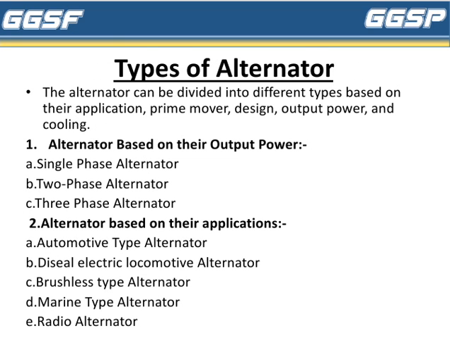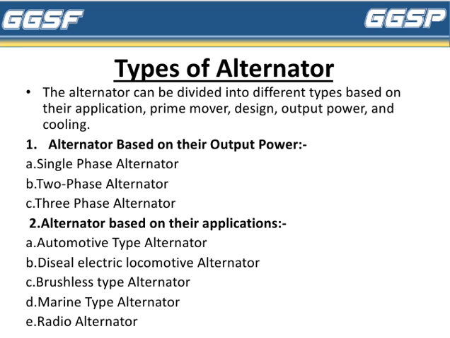Now the types of alternator. Alternators can be divided into different types based on their application, prime mover, design, output power and cooling. First, alternators based on their output power: single phase alternator, two phase alternator and three phase alternator.